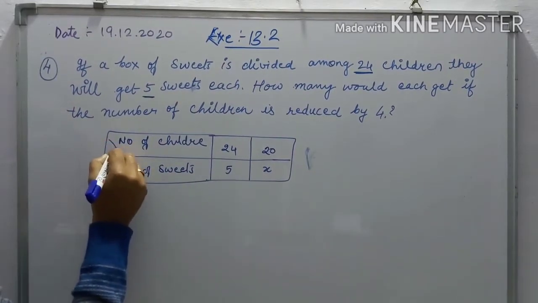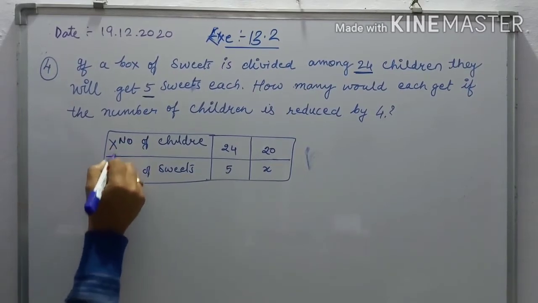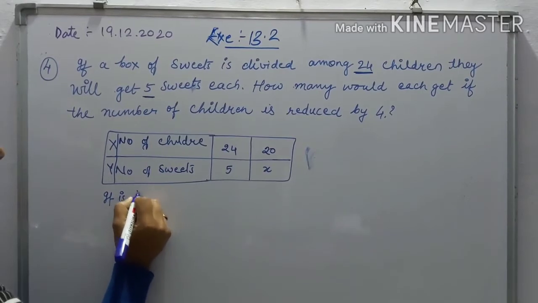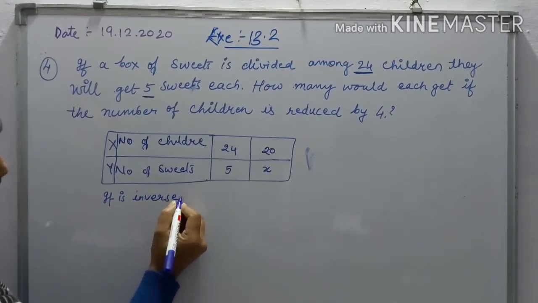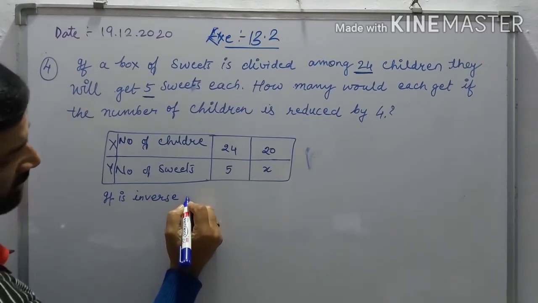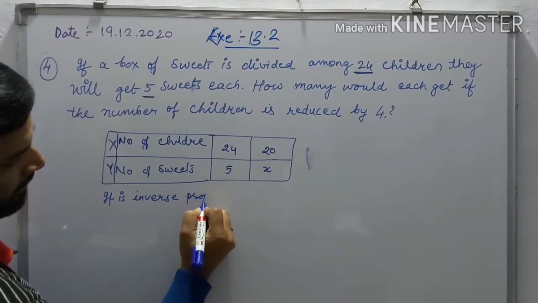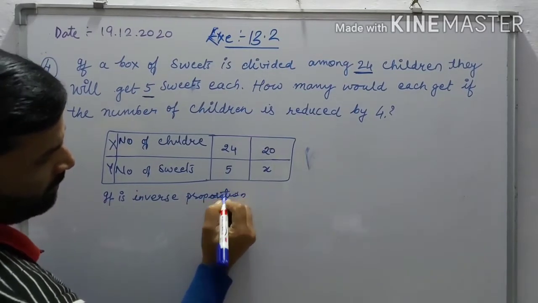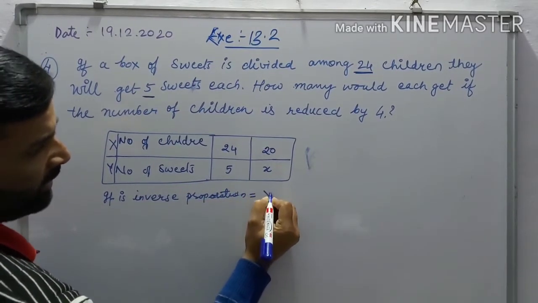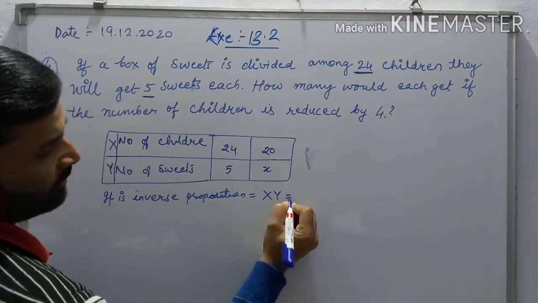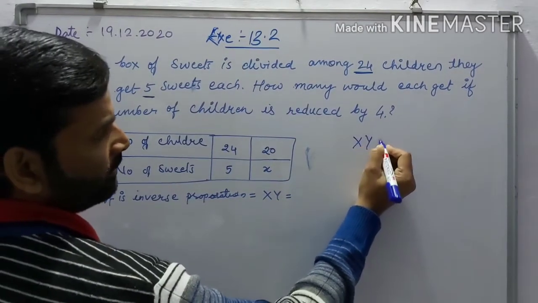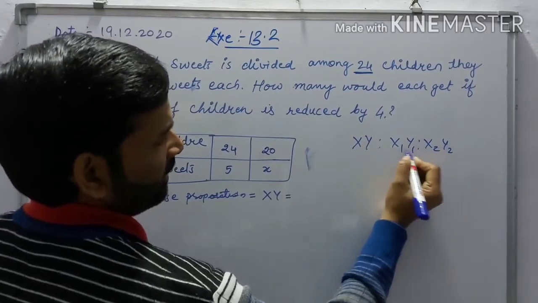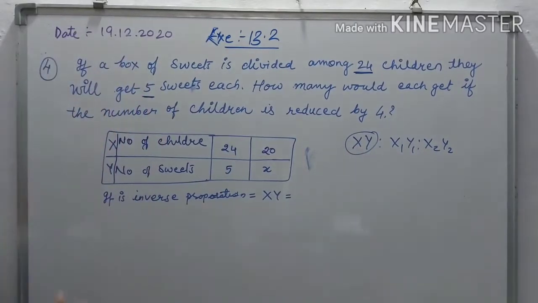Suppose this is the quantity of capital X and then capital Y. It is inverse proportion. It means the formula is x1 y1 = x2 y2, because the relation of two quantities is either direct or inverse.